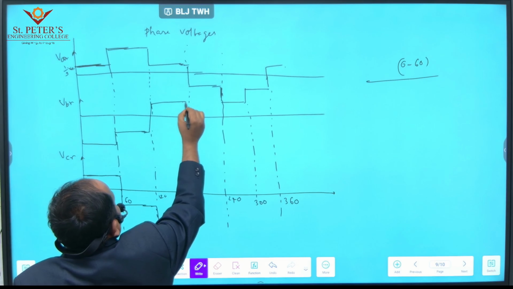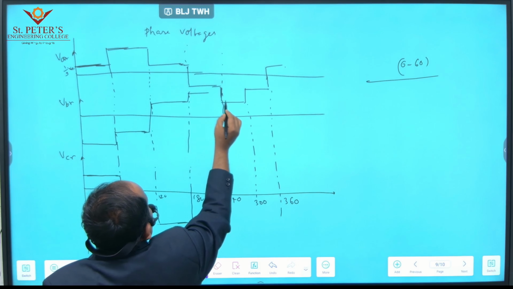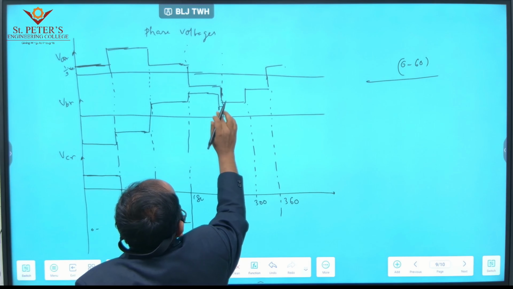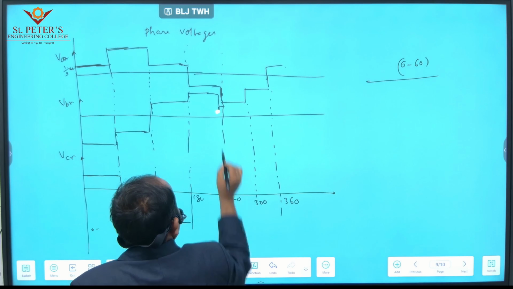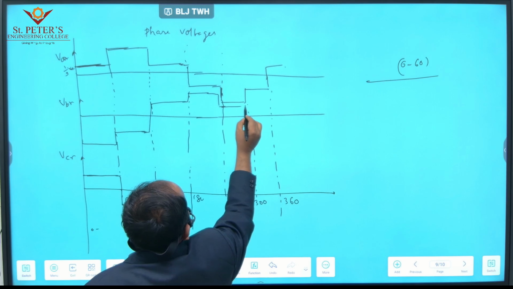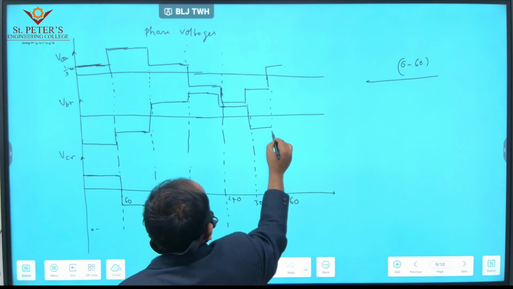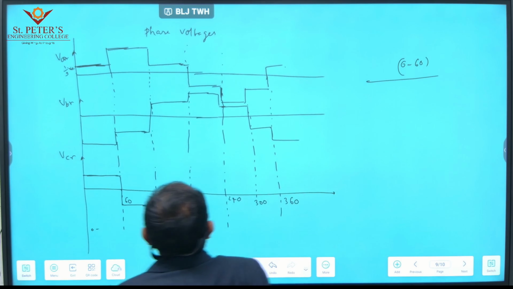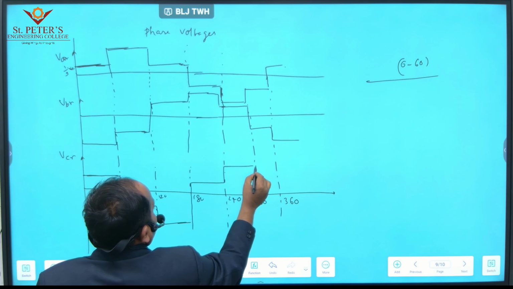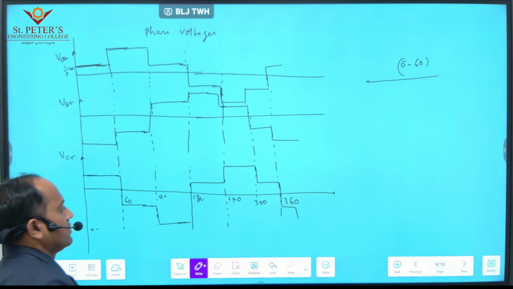For the next one, VBN is VDC by 2, and next minus, we can get like this. For VCN positive like this.